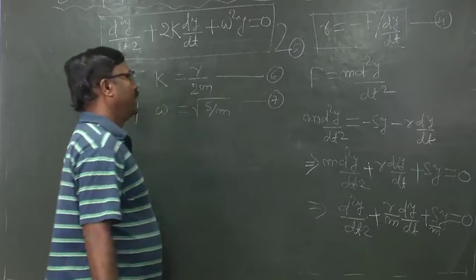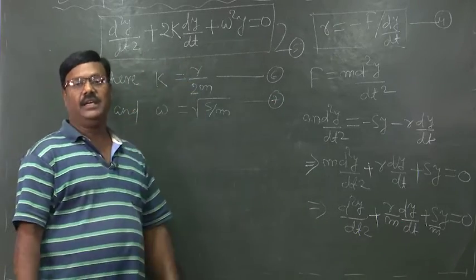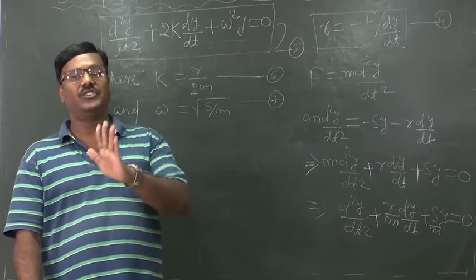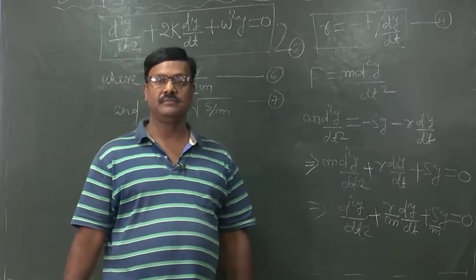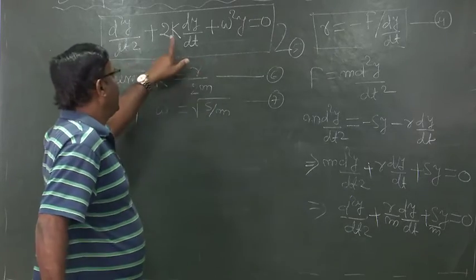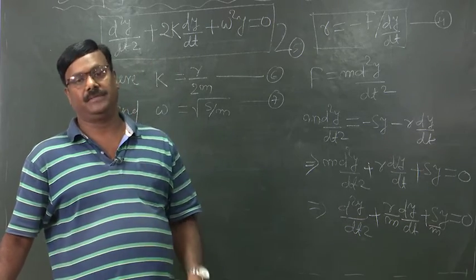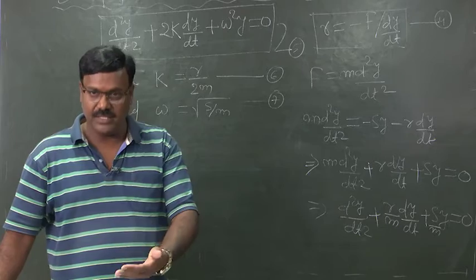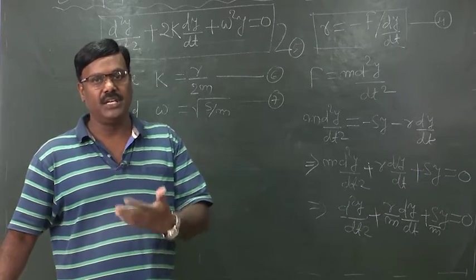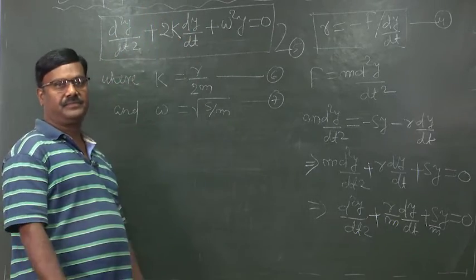Now, we arrived at the differential equation of damped oscillation. The third question arises, if this is the differential equation, then what will be its solution? So, let us proceed to find out the solution of equation of damped vibrations.